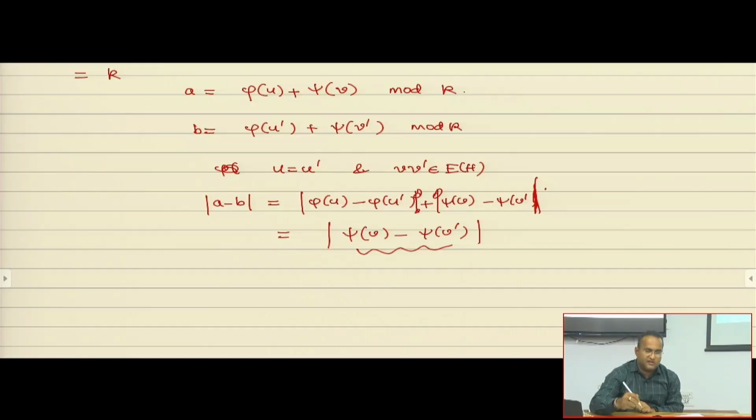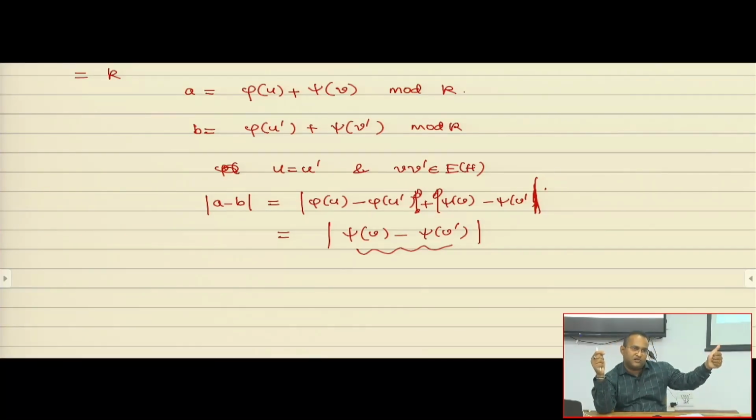In this case, this difference will be at most chi of h, and in the other case, at most chi of g. One will be k since the chromatic number is there.